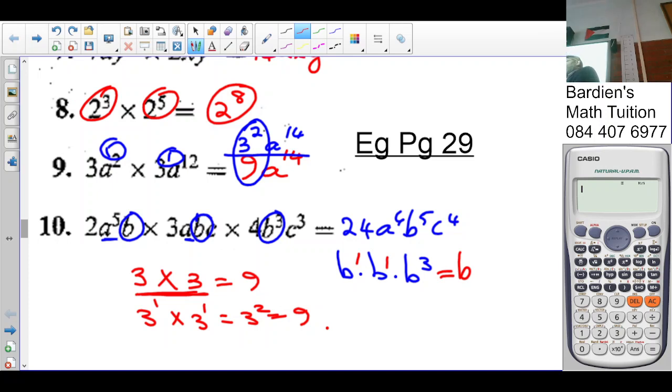When you multiply and bases are the same, are these bases the same? So what must you do to the exponents? Just add them. So what is 1 plus 1? 2. And 2 plus 3? It's 5.